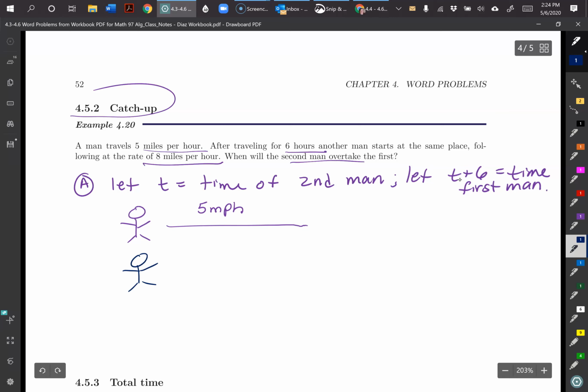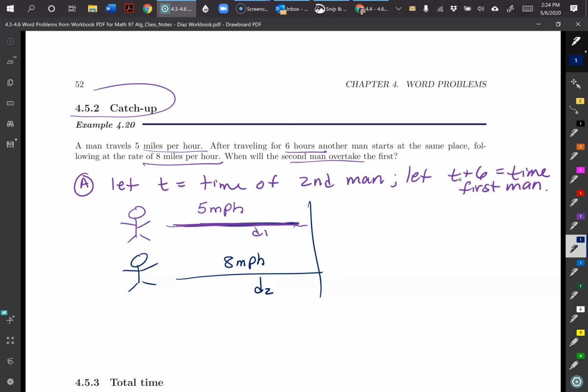They start delayed, but they're going faster, 8 miles per hour. And we want to know when their distances are equal. So that's distance 1, and distance 2 is for the 8 mile per hour guy.